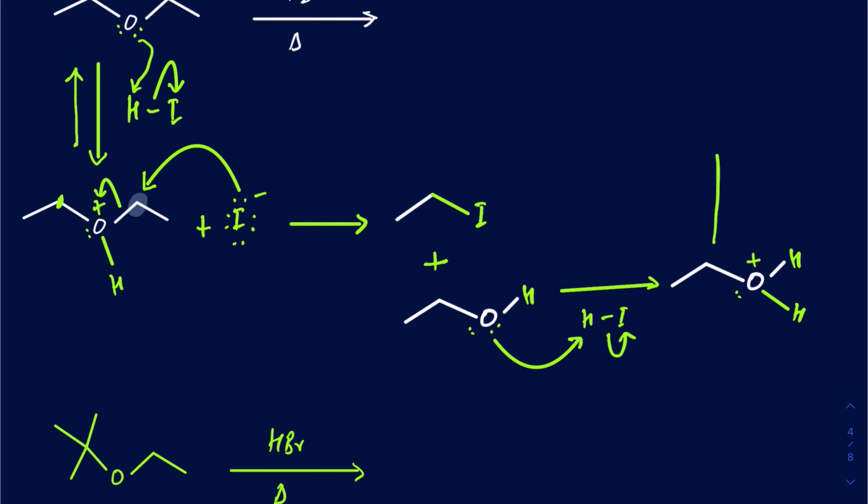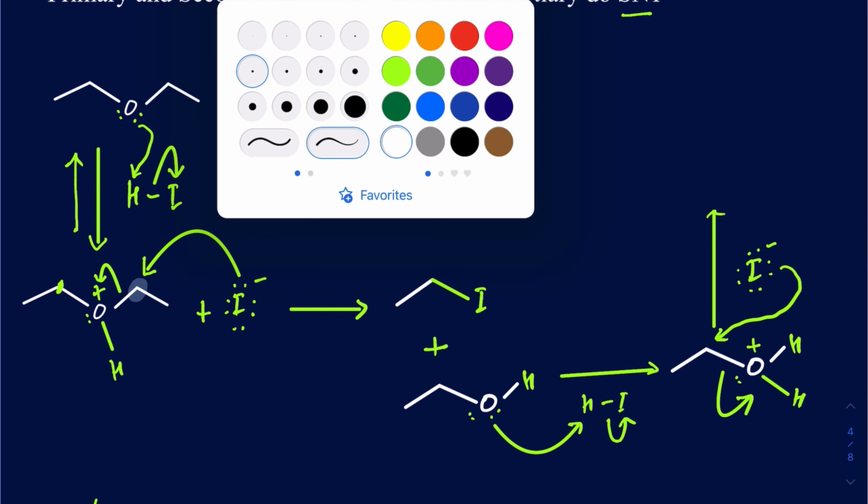In the next step, this I minus does the same thing. It does a nucleophilic attack in an SN2 fashion, and this water molecule leaves. So you still make this ethyl iodide.